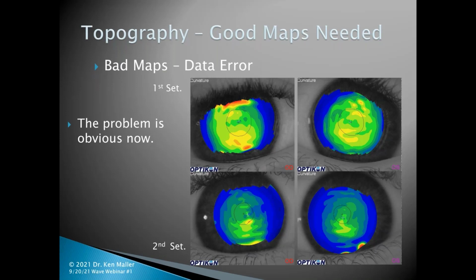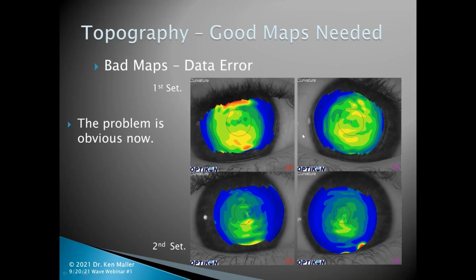So the difference in how the algorithms of the topographer process this data are very, very different. The reason they're different is having to do with these lids that have come into the picture, and it has changed how the algorithm has added all of the processed data to show back the actual curvatures that it's measuring.